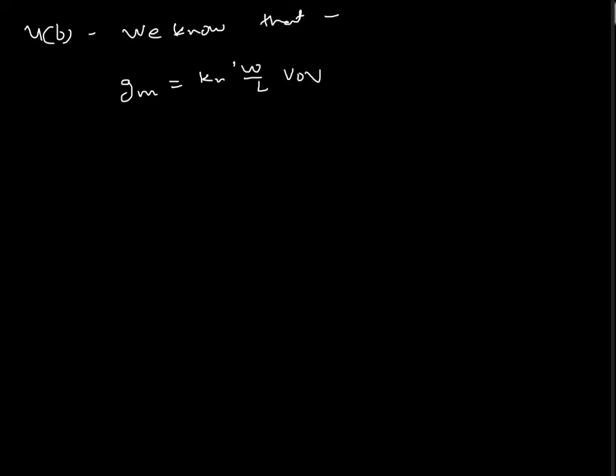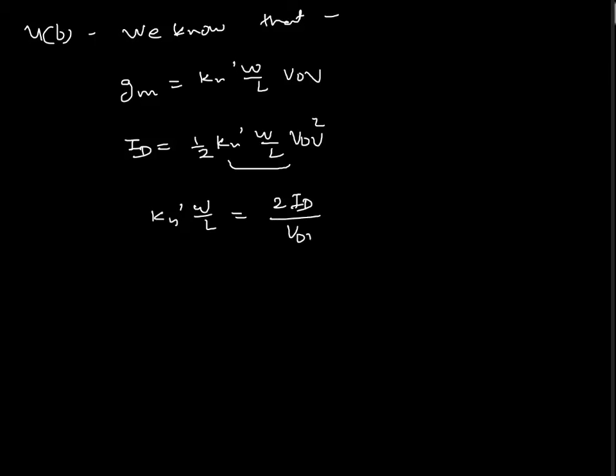ID in saturation is half Kn prime W by L VOV square. So from here, I can write Kn prime W by L equals 2ID by VOV square. I have taken this to the left hand side and sent the other things to the right hand side.